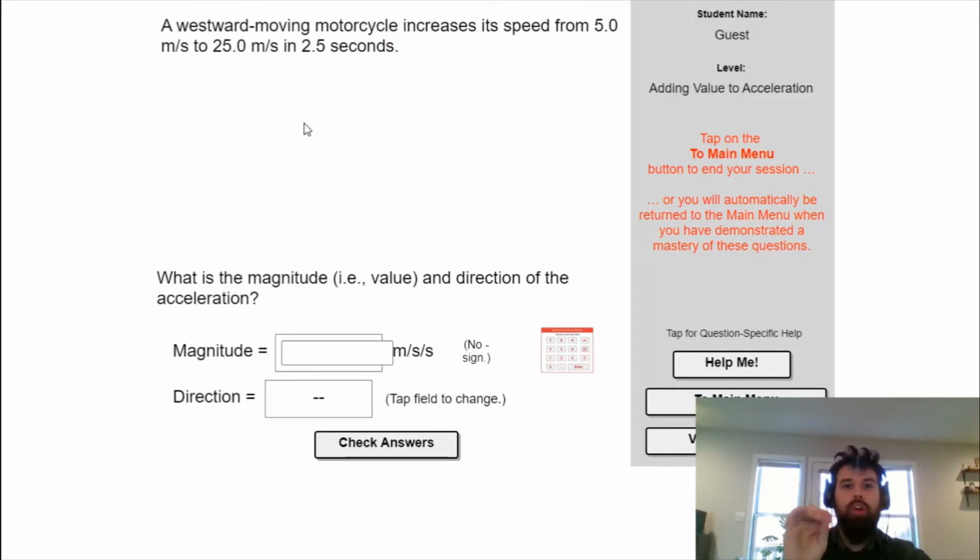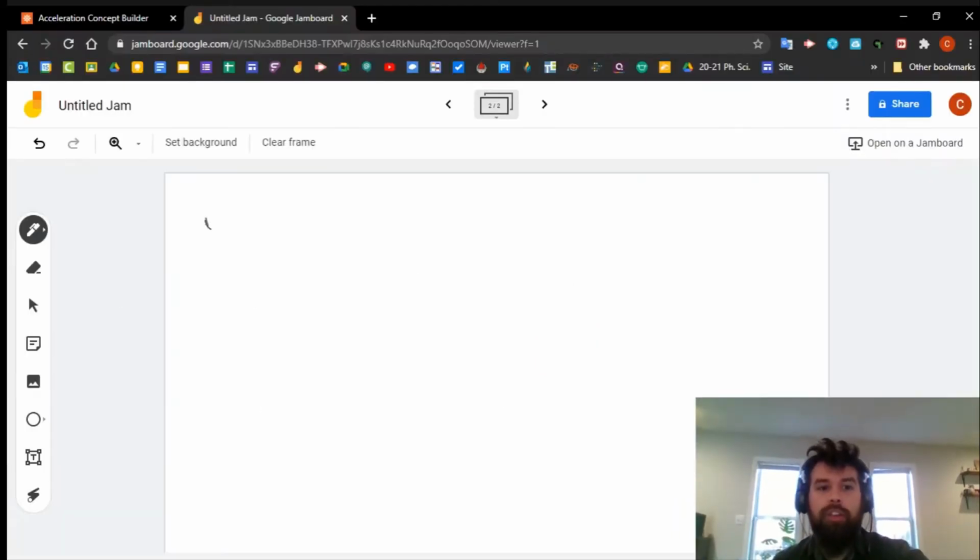A westward moving motorcycle increases its speed from 5 meters a second to 25 meters a second in 2.5 seconds. So again, the first thing that we need to do is figure out how much did he actually change his velocity total. Okay, well that's just 25 minus 5, which is 20.